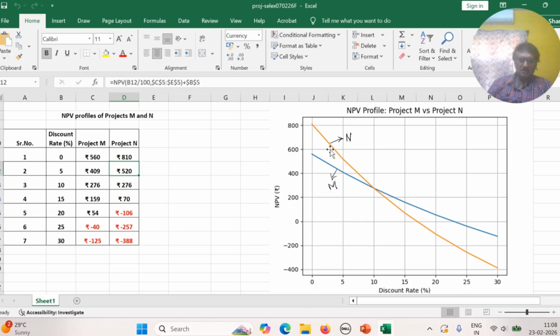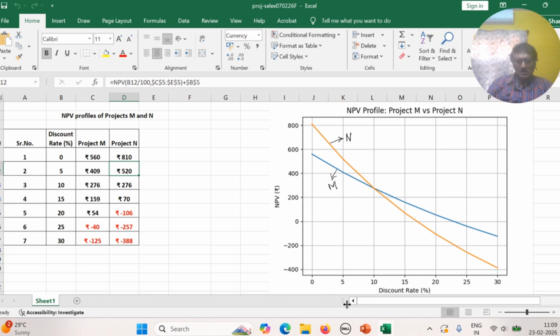This yellow line is project N, and this one is for project M. If you consider NPV as the tool for taking decision, then at this point, that is 10% discount rate, the NPV value for both the projects is same. You can check here also at 10% discount rate, the NPV is 276 for M and 276 for N also. That means you can select any project, if you consider NPV as the tool for selecting a project.